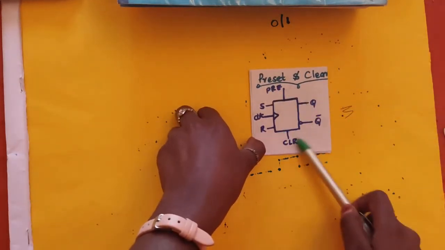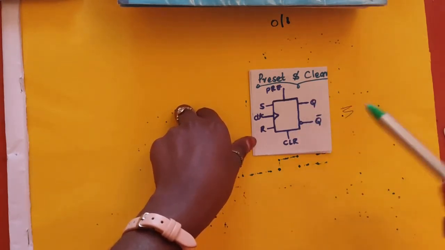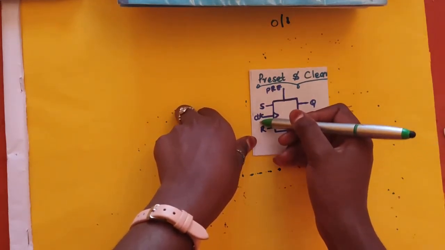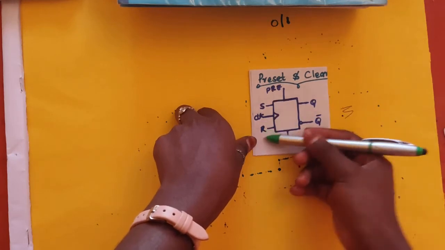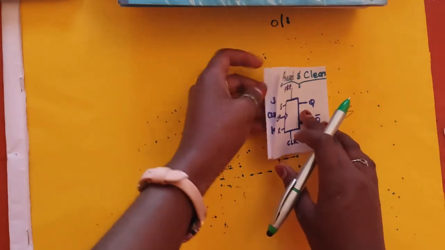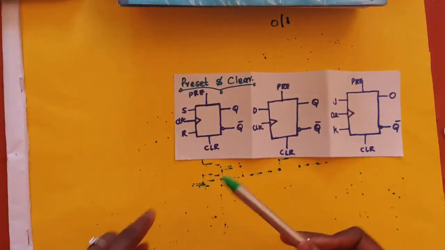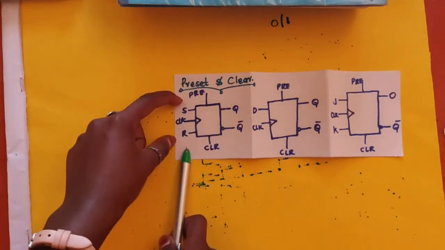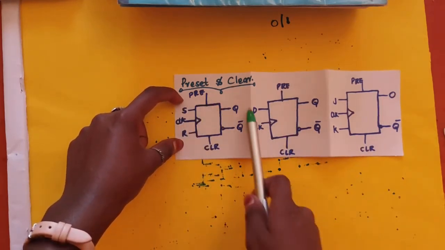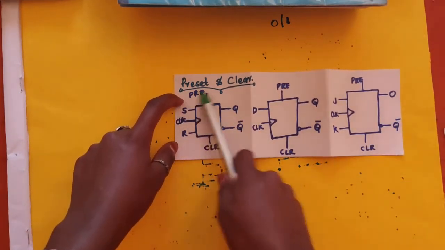The preset and the clear are asynchronous inputs to the flip-flop. They do what they're supposed to do regardless of whether the clock is high, and regardless of the inputs S and R, or J and K, or D, whichever flip-flop you're using. Even though we've not talked about them, the pre and clear just appear at the top. In the SR, the D type and the JK flip-flop, we have pre and clear.